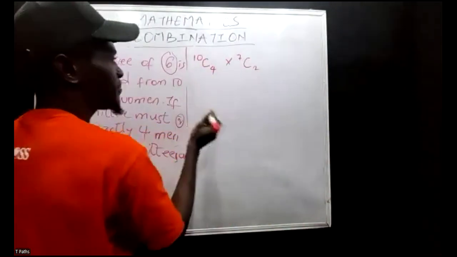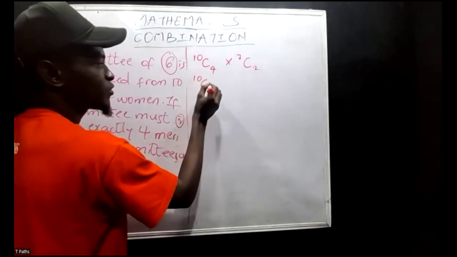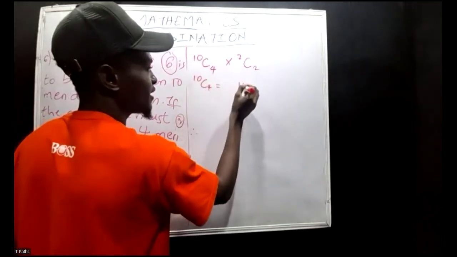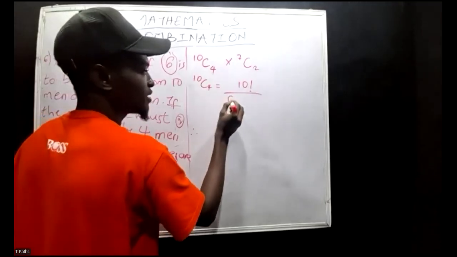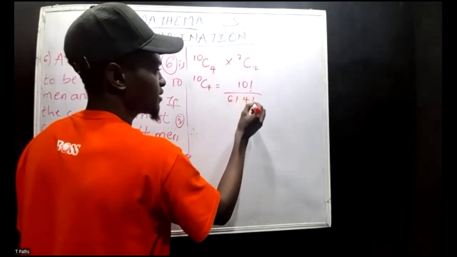Solving the men's part first, we have 10 combination 4, which equals 10 factorial over 10 minus 4 factorial, which is 6 factorial, then 4 factorial.